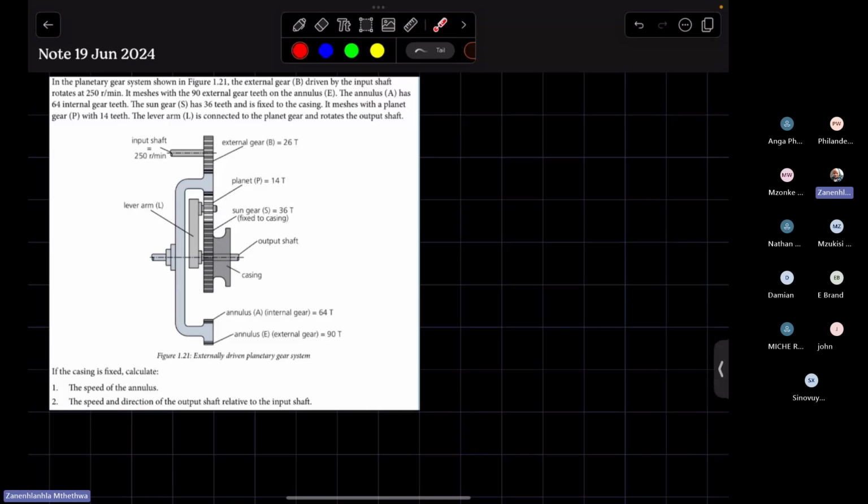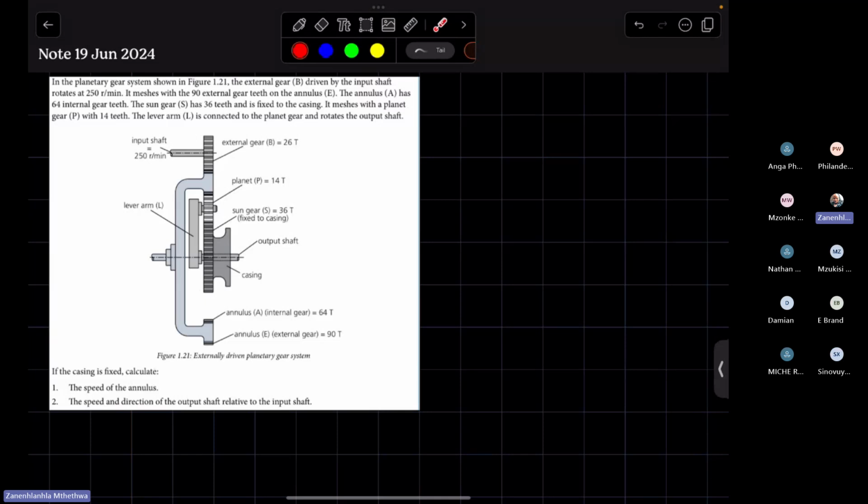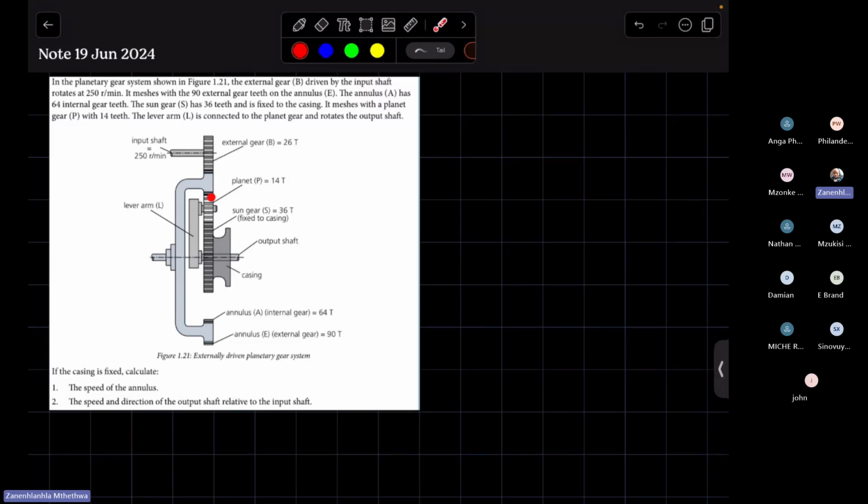That reason could be you want to have some form of rotational frequency on either the planetary gear or sun gear, or you want the arm to move at a certain rotational frequency or certain direction.